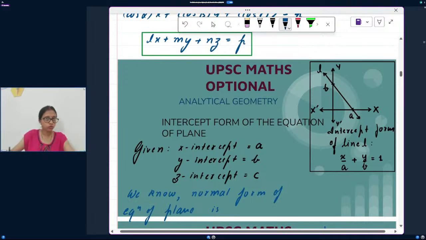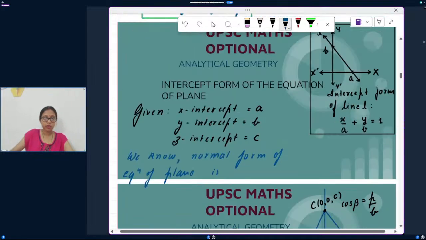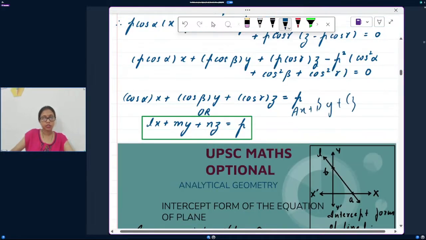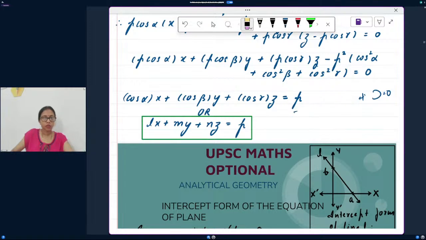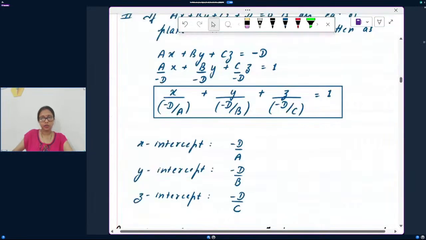So there are a lot of things to take care of. It's not just that if I have ax plus by plus cz plus d, then in the next line I can give it as ax plus by plus cz is equal to minus d, but it's not that simple. First of all, your minus d has to be positive because it's a length, and then a square plus b square plus c square is 1. Then I can say that this and this are the same. But we don't have the guarantee of that.